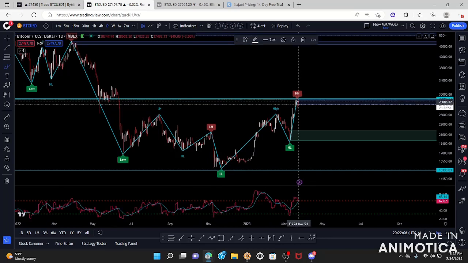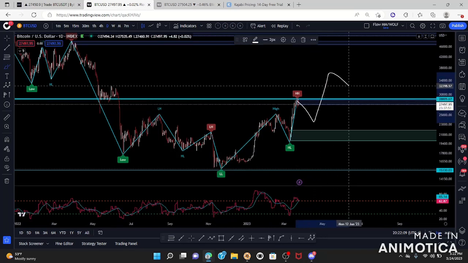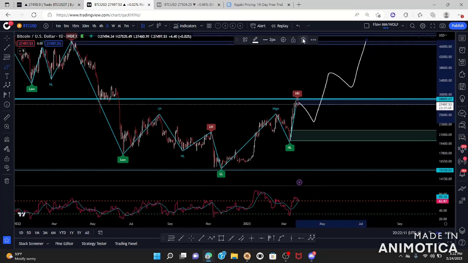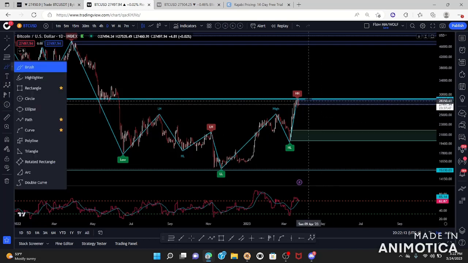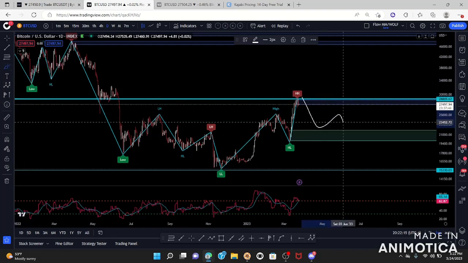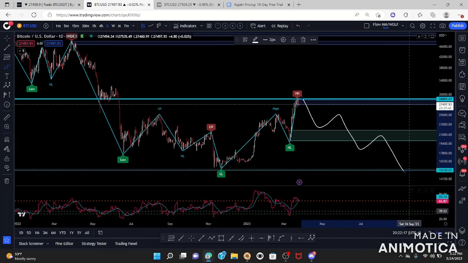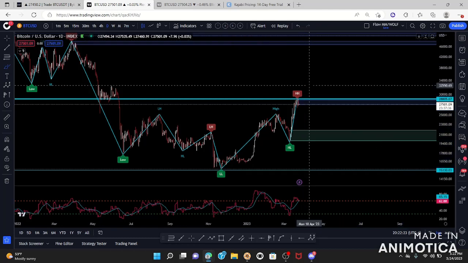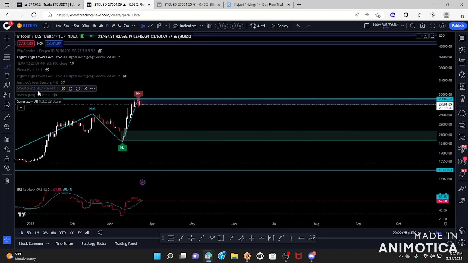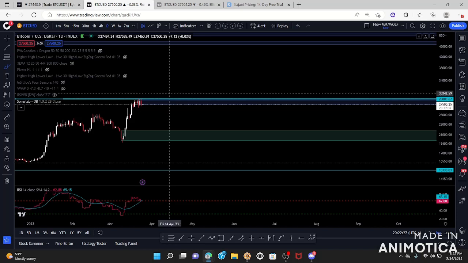You're gonna have a small pullback, and then okay, we could continue to the upside, or like I said, we could come back and then continue to the downside, right? But that's how the market moves, and that's how it's going to move. Contraction phase by contraction phase.